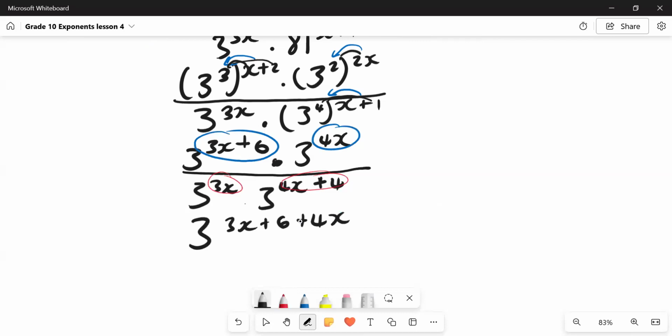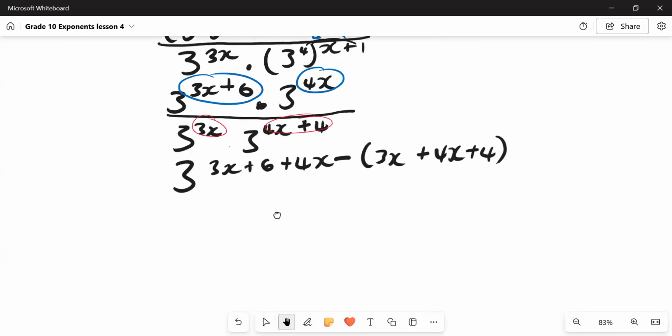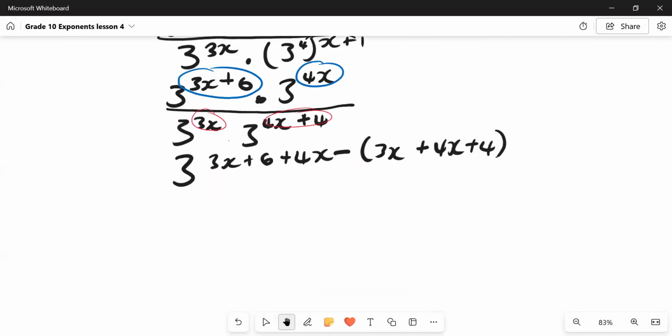Denominators, you subtract them. So minus, you have your 3x plus your 4x plus 4. And then from here, that's 3x plus 6 plus 4x minus 3x minus 4x minus 4.